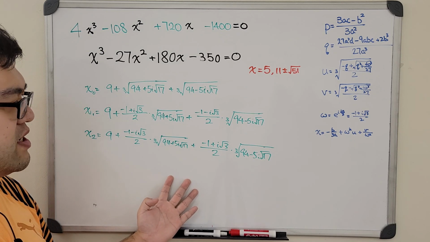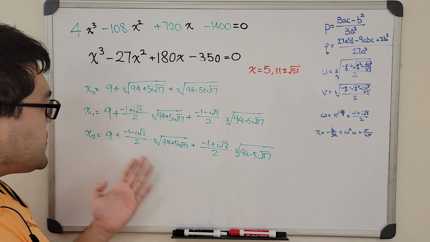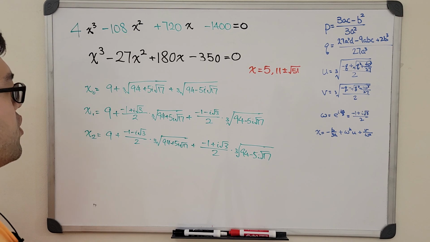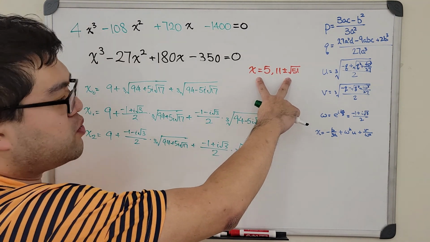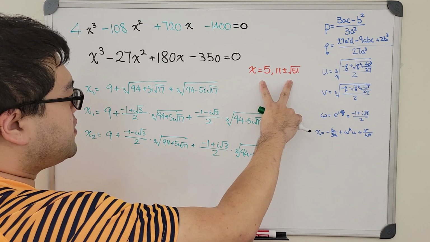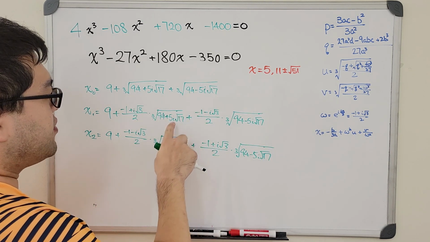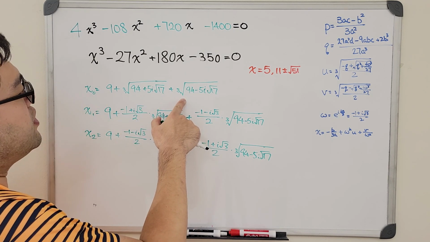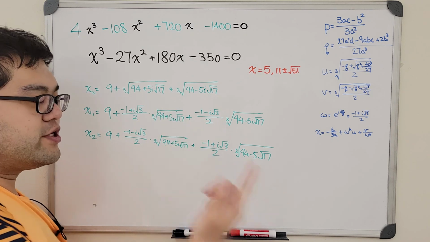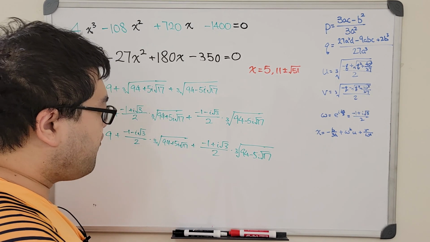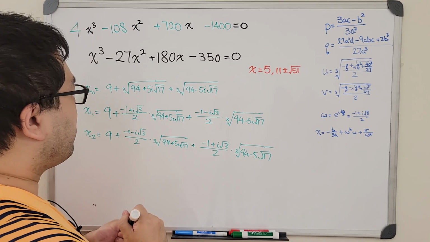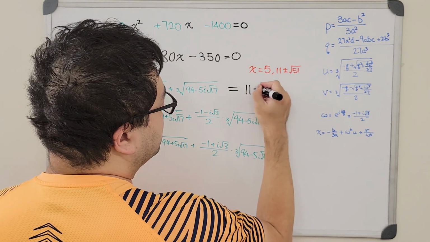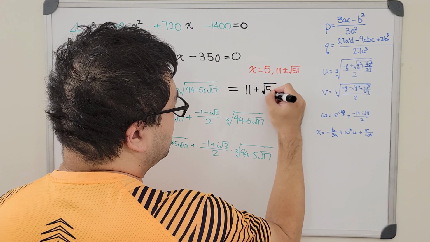Okay, so actually this is fine, because here is the deal. As we now know the so-called correct answer using the factor theorem, we can try to check whether we will actually get the same values for the solutions that we get using the cubic formula. So in fact, the first one is actually equal to one of the answers, 11 plus radical 51.